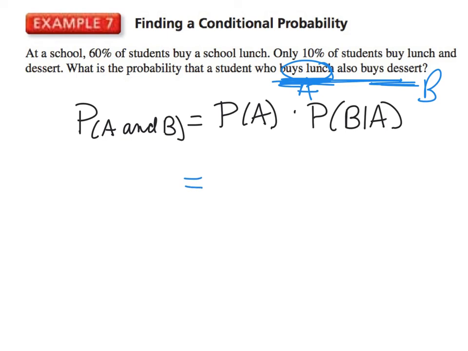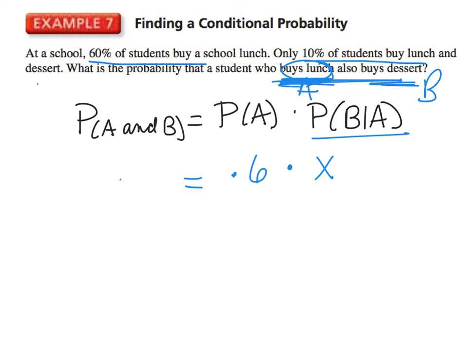What's the probability of this? 60% buy a lunch. A is that. So that means this is 60%. We're writing it as a decimal. Multiplied by the probability of both happening. Well, that's X. We don't know it. Then the probability of A and B, it says right here, 10% of students who buy lunch also buy dessert.